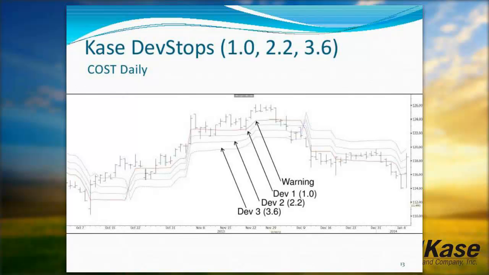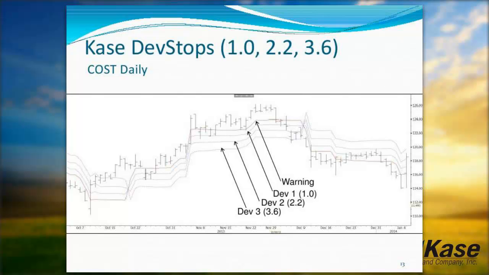For those of you that are familiar with the stops, you notice that they flip between long and short at various periods of time. So again, I don't have a pointer here, but if you look on the left side of the chart, you can see where the stops cross over and go from being short stops, where the warning line, the red line, is on the very bottom, to long stops where the warning line is on the top.